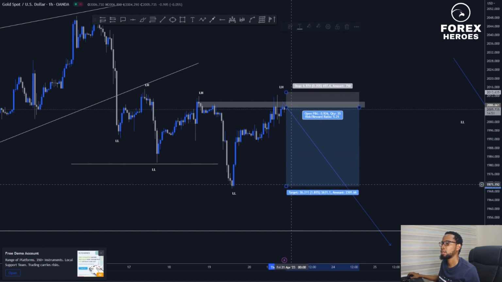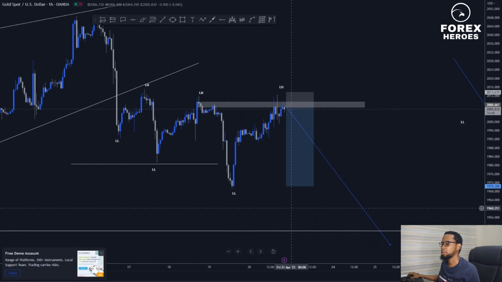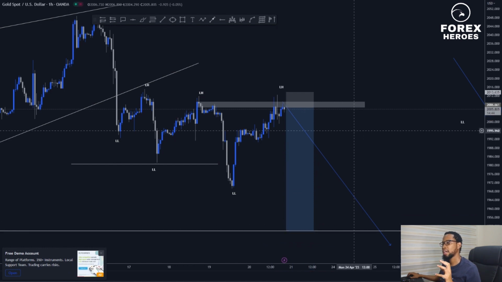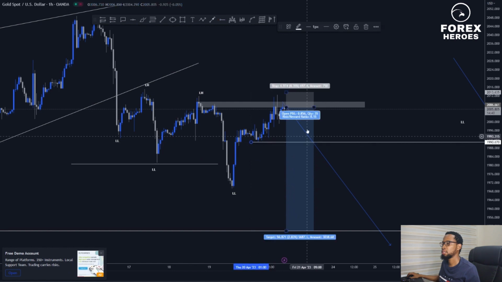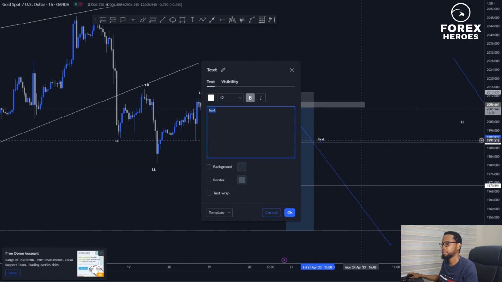Then obviously the entry is below here. So let me put it here. And then I'll show you where you can subsequently take partial profit. TP1, TP2, TP3 will be here.